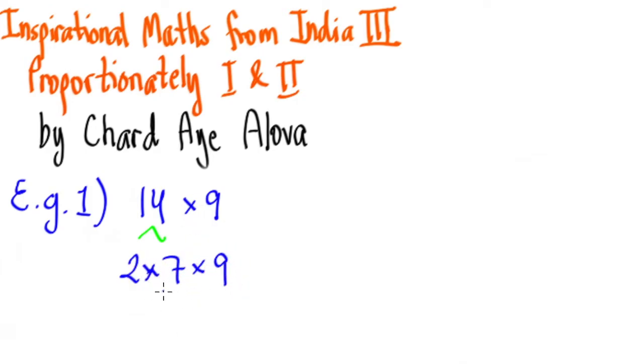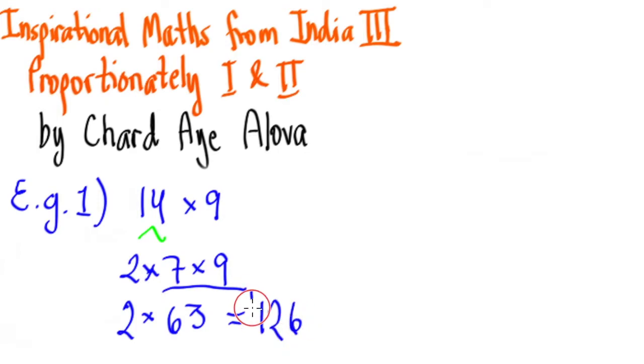What we'll do then is multiply 7 times 9 first. By multiplying that first in our minds, 7 times 9 is 63. And then doubling that will give us 126.